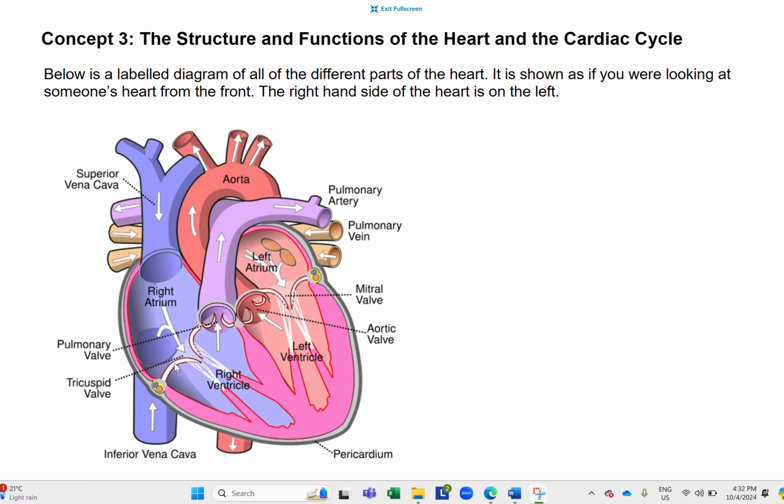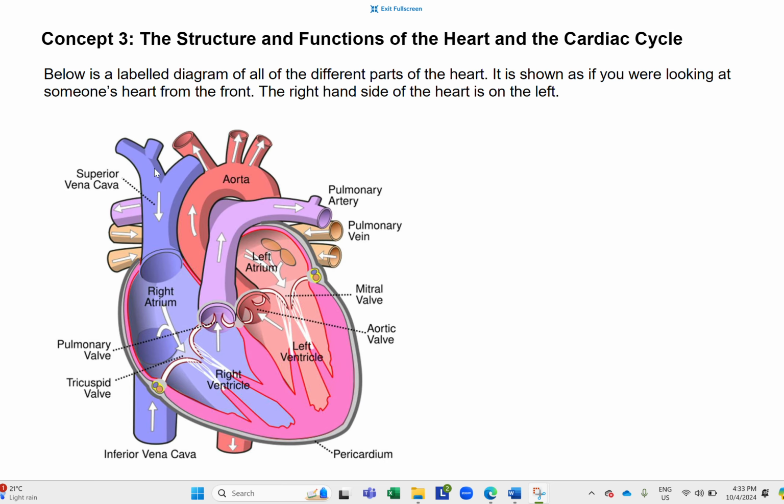Remember, a valve is a one-way doorway that allows things to go in one path, but then closes up when things try to go backwards. So the valve will allow the blood to go from the atrium to the ventricle, but not from the ventricle back to the atrium.